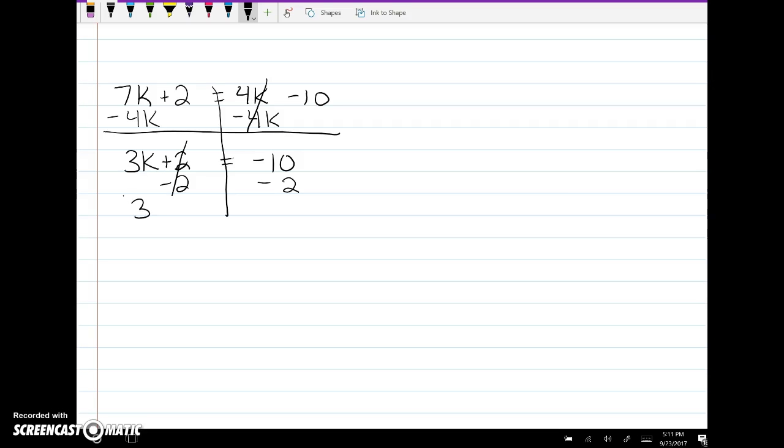I get 3k equals negative 12. Divide both sides by 3, and k equals negative 4. Again, I'm going to check my work.